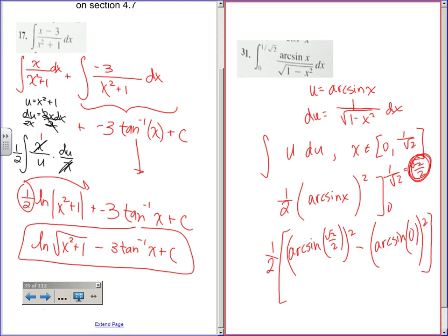Isn't that going to be a pi over 4, and a pi over 4 squared is going to be a pi squared over 16 minus, and isn't sine 0 at 0? Oh, nice. Times 1/2. I do believe you get pi squared over 32, but I would love some affirmation. Good.